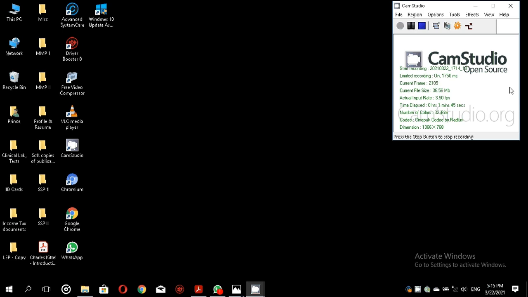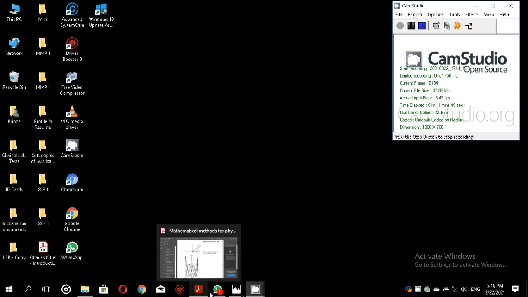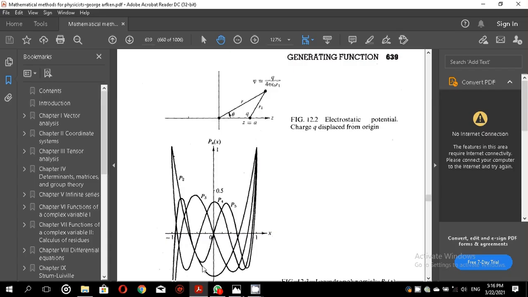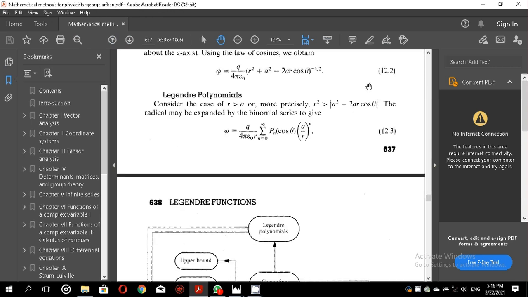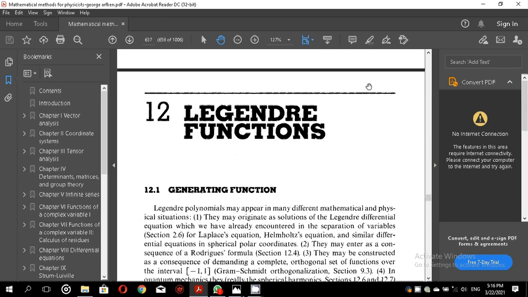Okay, so let me first display a page from the book by Arfken. This is the third edition of Arfken, and this is page number 638. I want to start with, rather, 637.